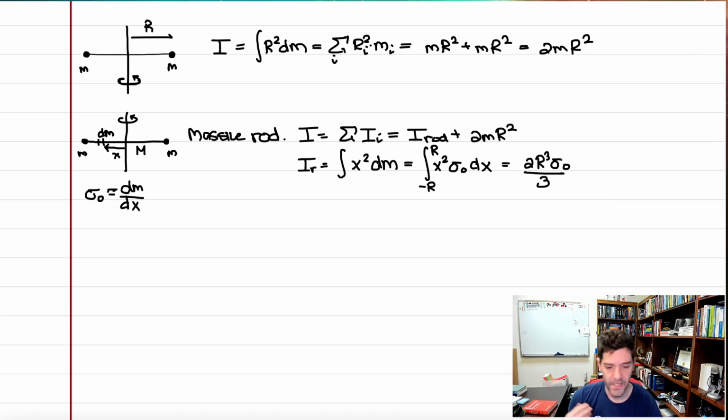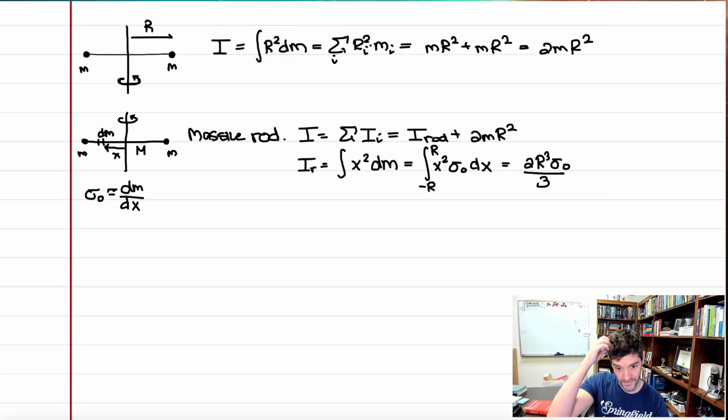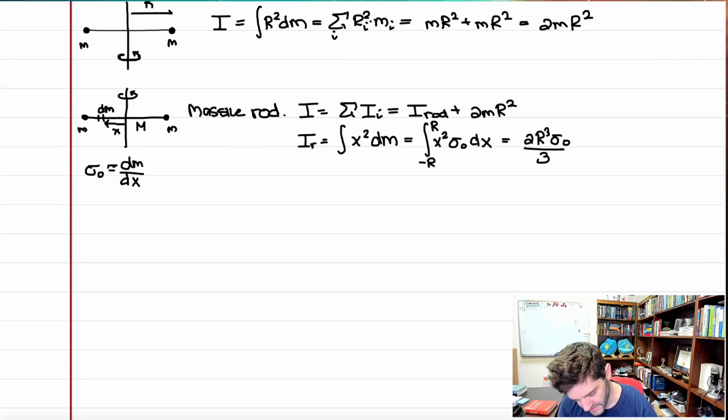Now again, dimensionally, it would be nice, looking up here, where rotational inertia looks like a position squared times a mass. So can I write this rather as the total mass of the rod times a position squared? Well, in that case, I need to know the total mass of the rod, which is just the integral of sigma over dx.